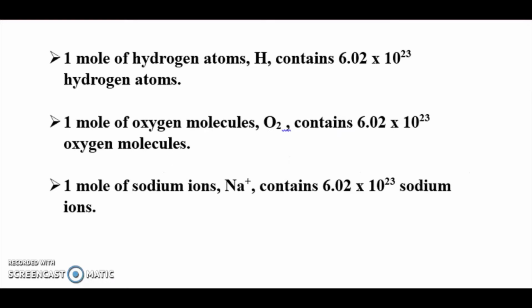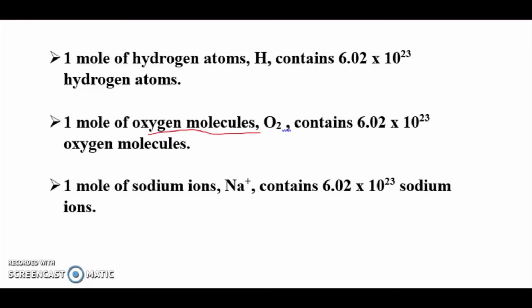From here, therefore, we can see 1 mole of hydrogen atoms contains 6.02 times 10 exponent 23 hydrogen atoms. 1 mole of oxygen molecules contains the same number of particles.